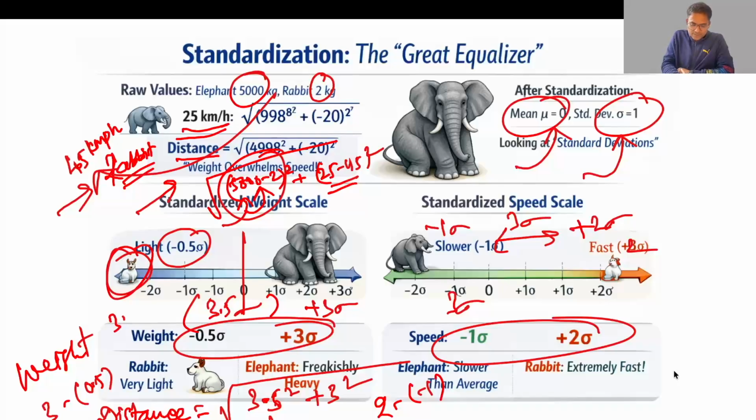This is 3.5 standard deviations difference for weight, and just 3 sigma standard deviations for speed. So both features, weight and speed, are now comparable after standardization, and that is the importance of scaling or standardization. I hope that is clear with this example.